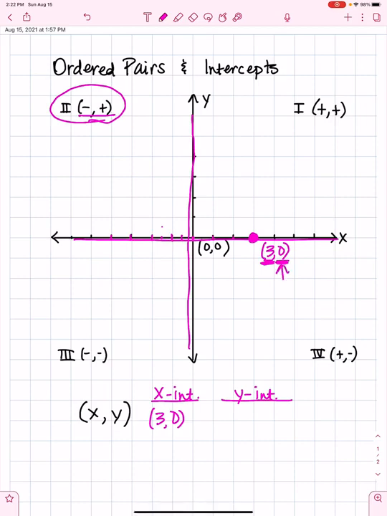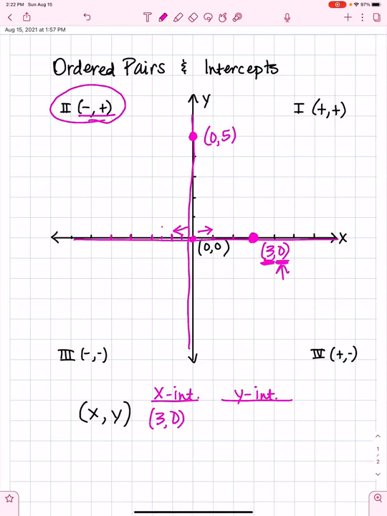Always, always, always. Y-intercept works exactly the same way. Let's say I choose this point right here on the y-axis. That is a y-intercept because it does not go from the origin right or left. It just goes straight up along the y-axis. And so this ordered pair would be 0, 5.